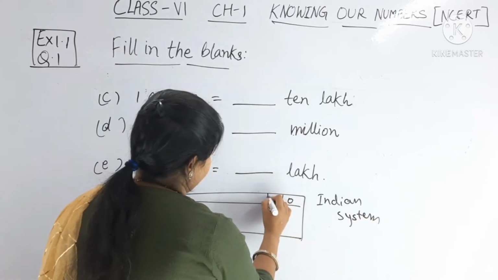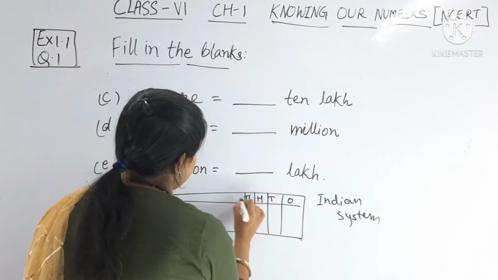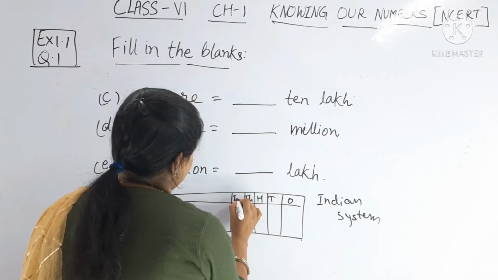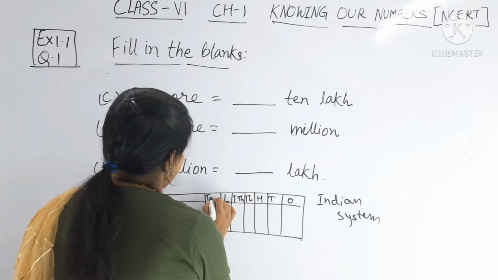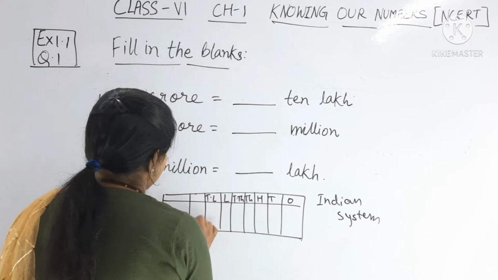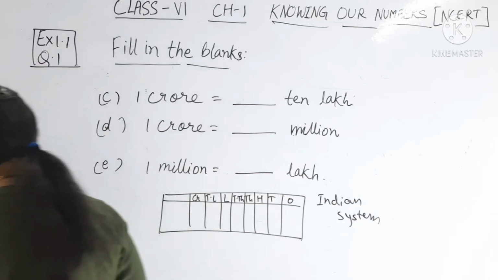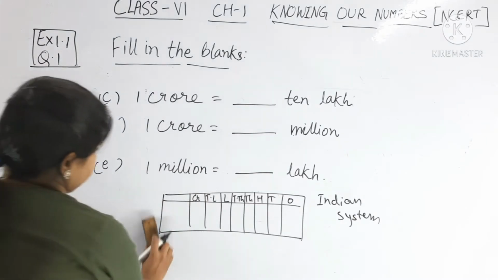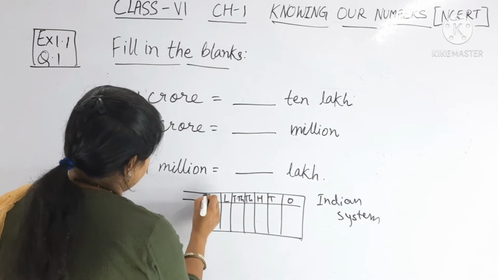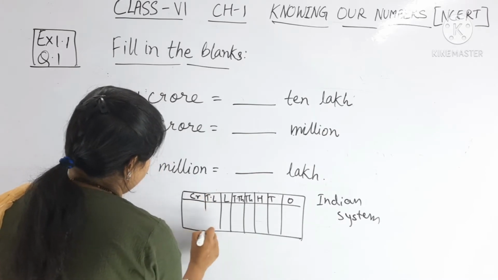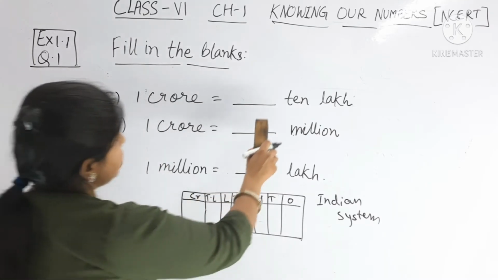So ones, tens, hundreds, thousand, 10,000, lakhs, 10 lakhs, crore. So 1 crore equal to dash 10 lakh.